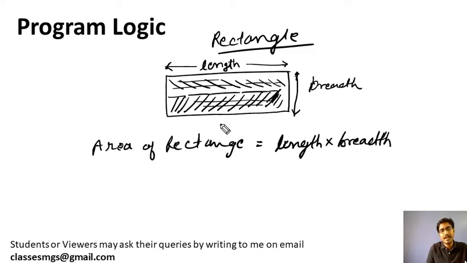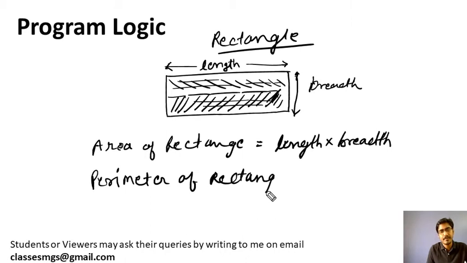Or what is the perimeter? The perimeter of a rectangle means this length, plus this distance, plus this distance. If we add all those distances, we get the perimeter.